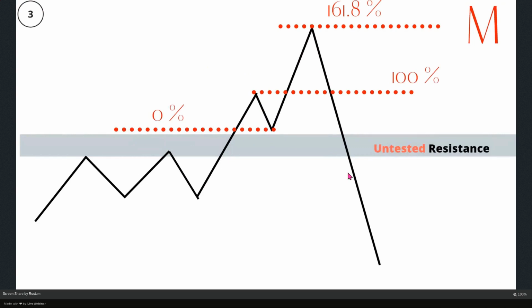So what it does is take away the subjectivity of how your M should look. With the RSI version, the beginner strategy version, the M pattern could be very mad. You know, we can't take this one because it goes past the 161.8.